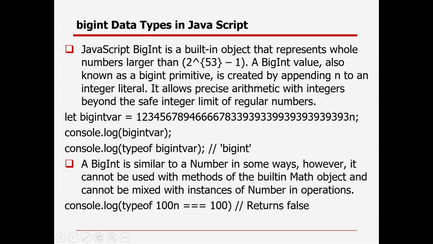A BigInt is similar to a number in some ways. However, it cannot be used with methods of the built-in Math object and cannot be mixed with instances of number in operations. So here 100n data type is BigInt, whereas 100 is an integer, so it will not be the same type and will not be equal. So it will return false.